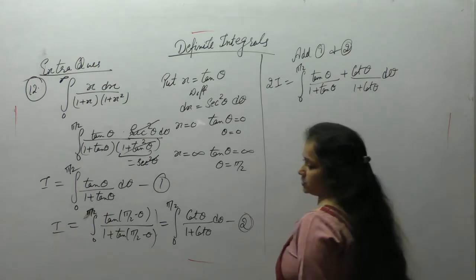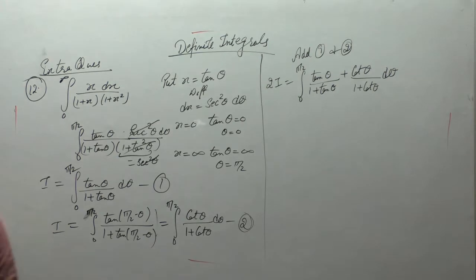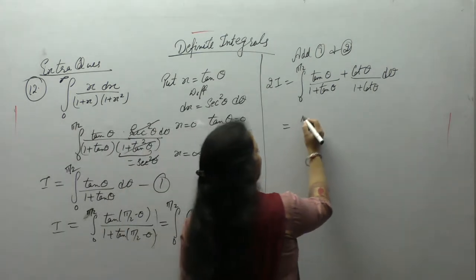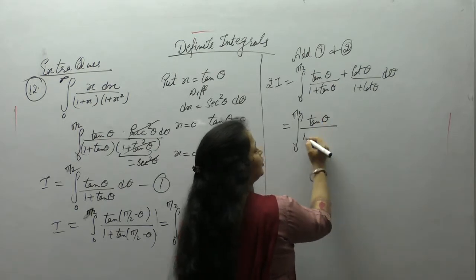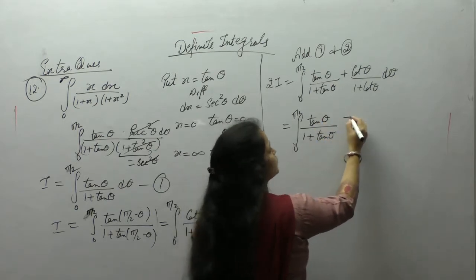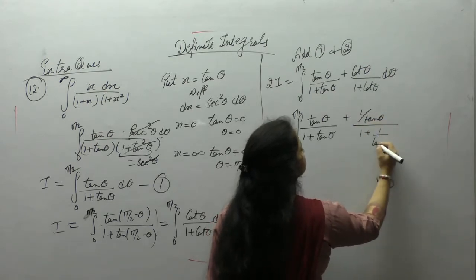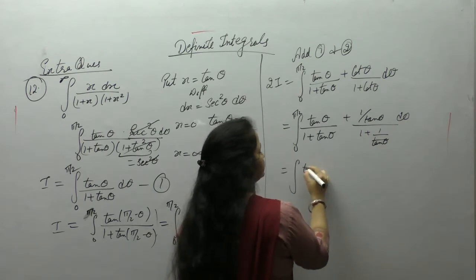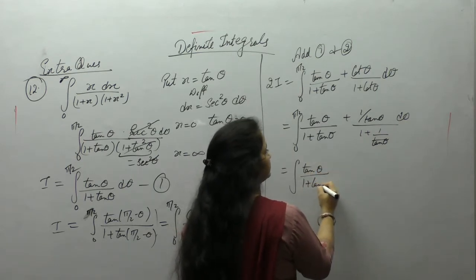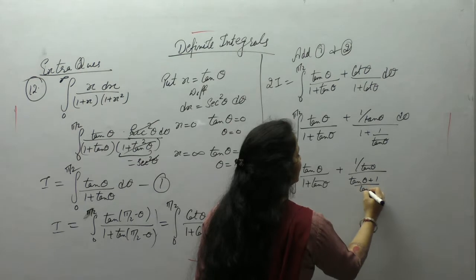Now we can change tan to sin upon cos or write cot as 1 upon tan. tan की टर्म को हम एज इट इज लिखेंगे. Cot is 1 upon tan. Take the LCM.